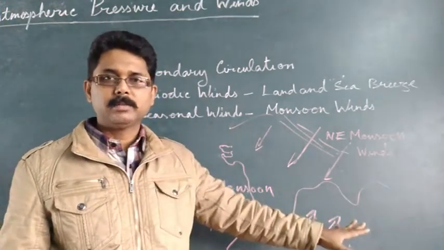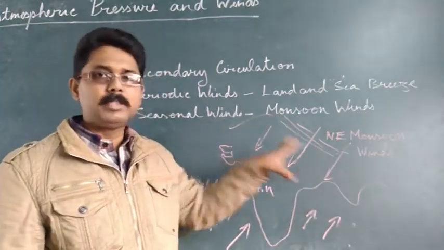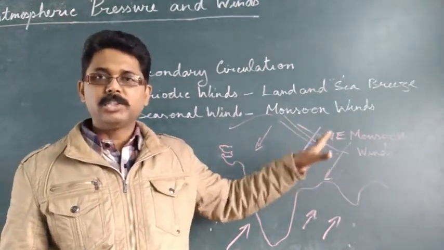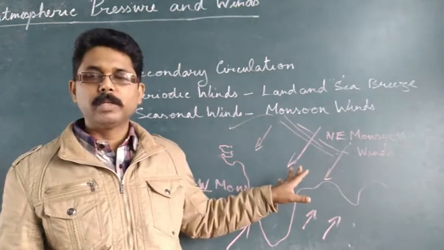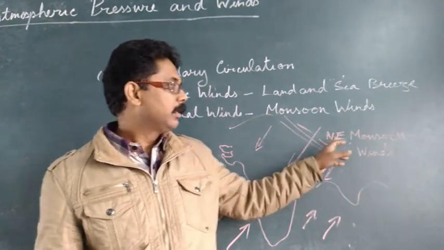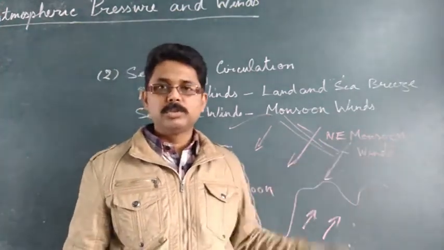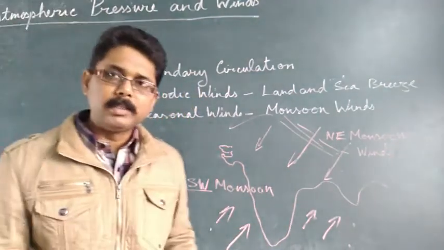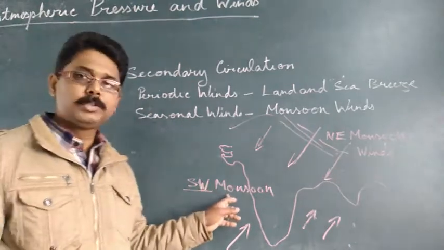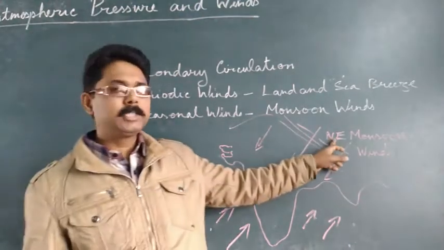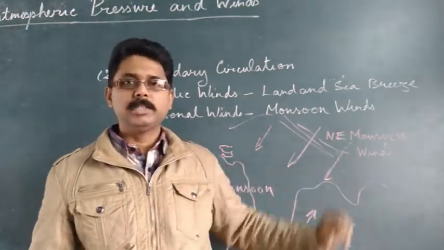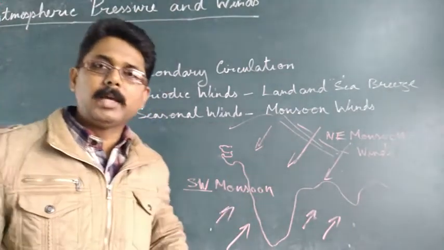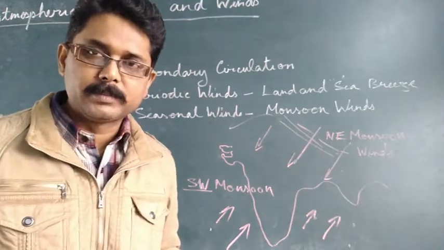No rainy season. Some parts of India receive slight rainfall because of local conditions, so it is not monsoon rainfall. That's why we call it northeast monsoon winds. So for six months the wind blows from the southwest direction, while for the other six months the wind blows from the northeast direction, and this is why we call these winds monsoon winds.